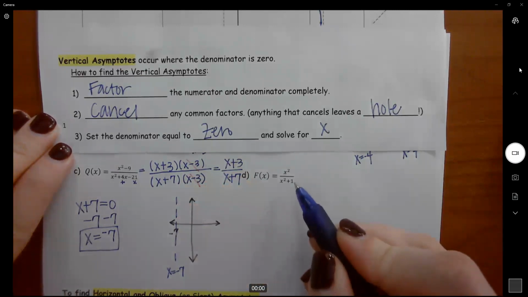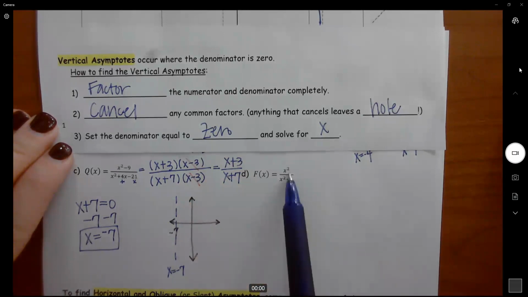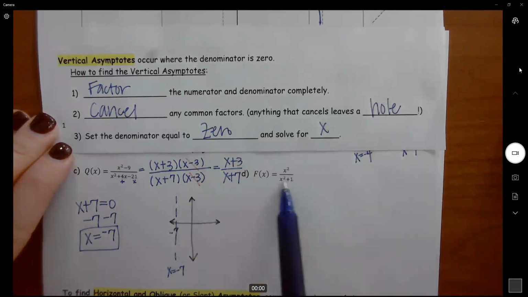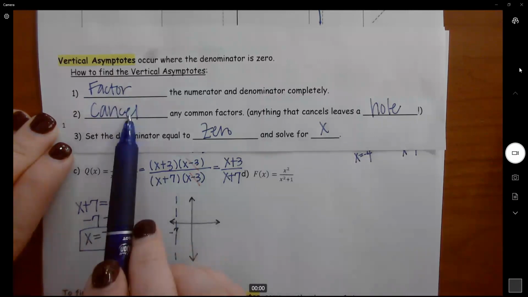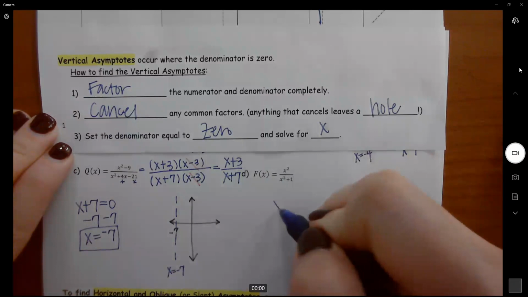Okay, and then lastly, we need to factor this. I can't factor anything with an x squared. That's x times x, but that's not really going to help me here. This is a sum of squares, not a difference. I cannot factor this to x plus 1 and x minus 1. So I can't factor, which means I can't cancel anything. So let's just take the denominator and set it equal to 0.